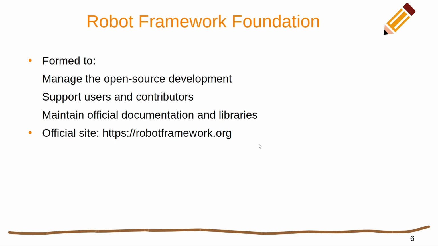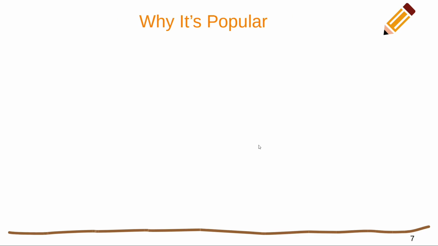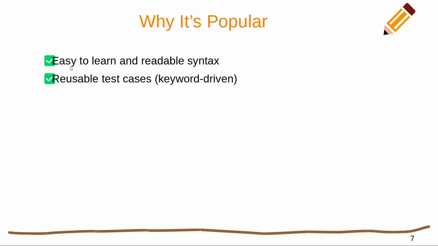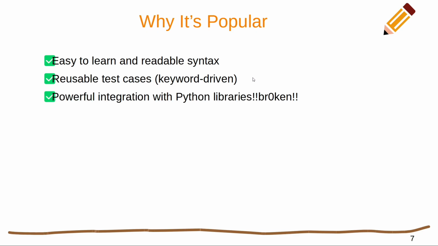Then we go for why it is popular, because Robot Framework is easy to learn and has readable syntax. It was developed with testers in mind, that's why it is easy to use for testers, easy to learn, with readable syntax. Then the test cases are reusable and keyword driven, it already has keyword driven support. It has powerful integration with Python libraries.